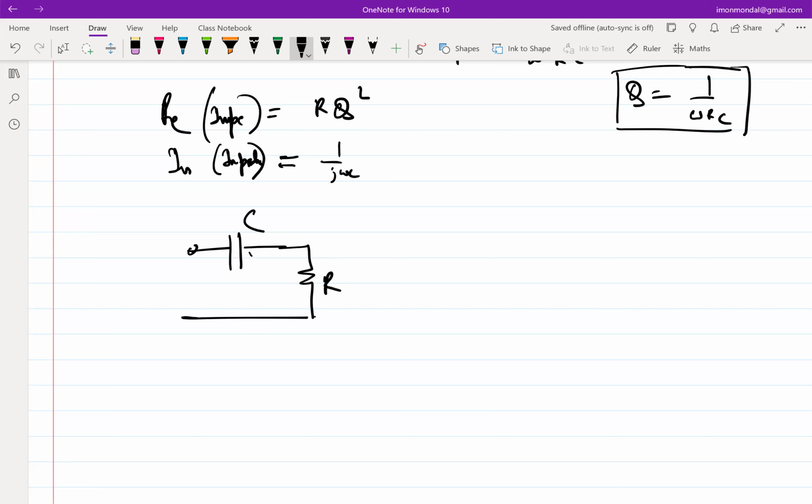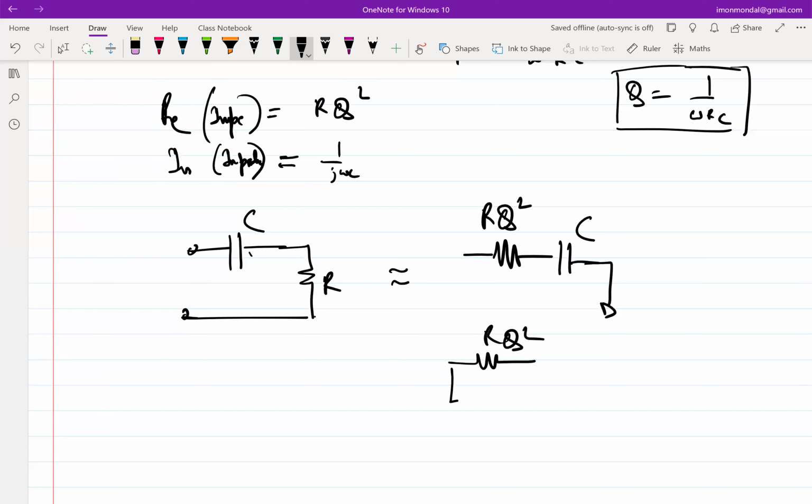So what I am essentially saying is, this approximates to either one of this or this. Right? C remains C, the R becomes R times Q square.